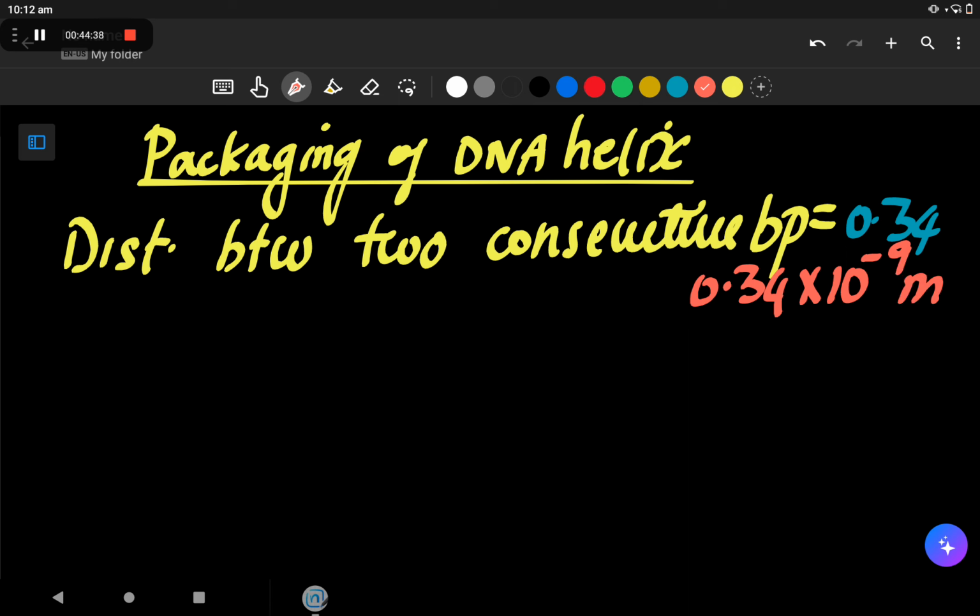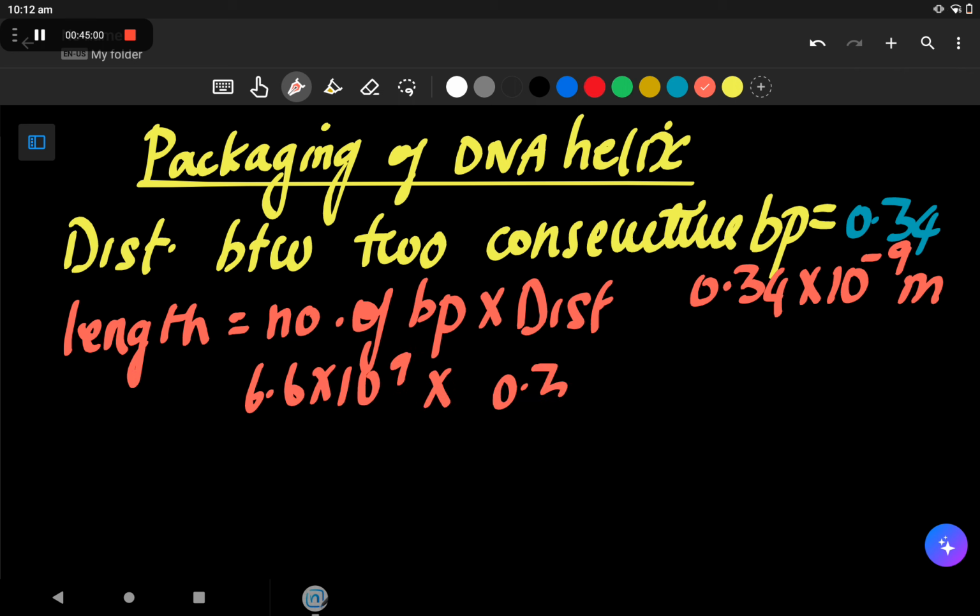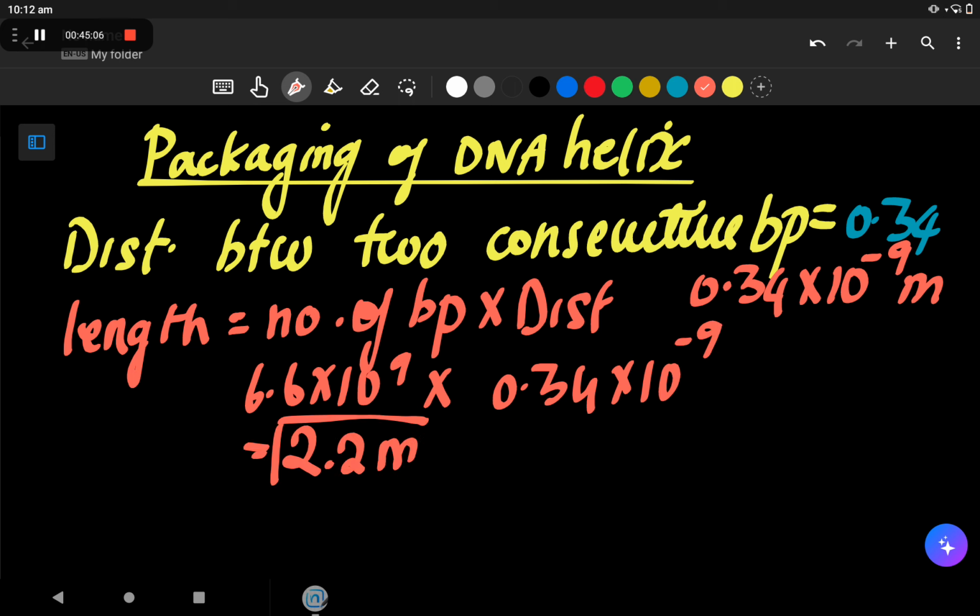If the length of the DNA double helix in a typical mammalian cell is calculated, the length equals number of base pairs into distance. Like 6.6 into 10 to the power of 9 into 0.34 into 10 to the power of minus 9, you will get 2.2 meters. This is how you should find the length. Got it?